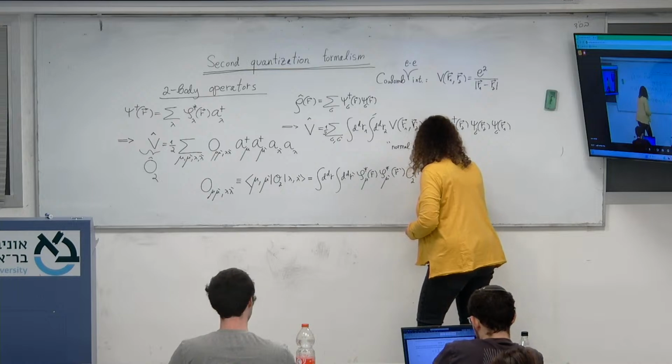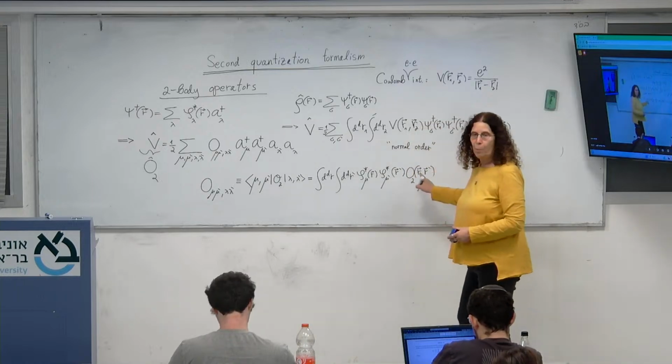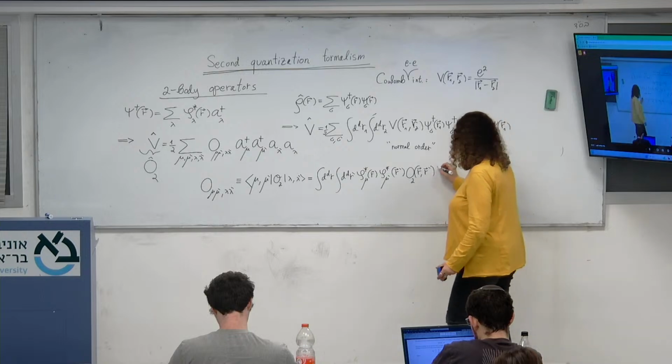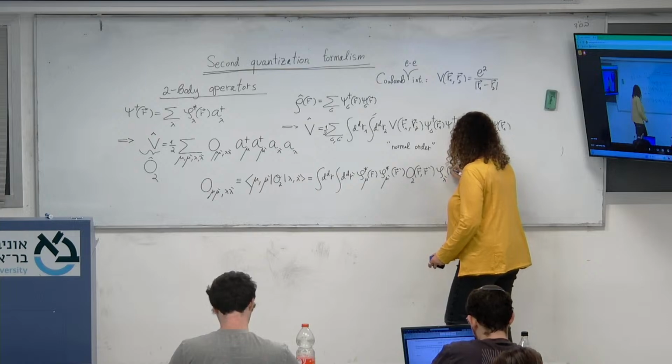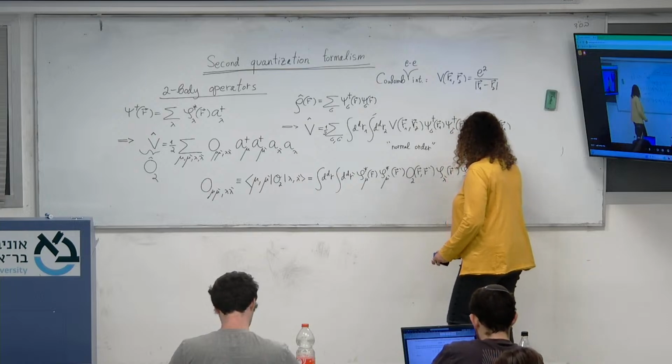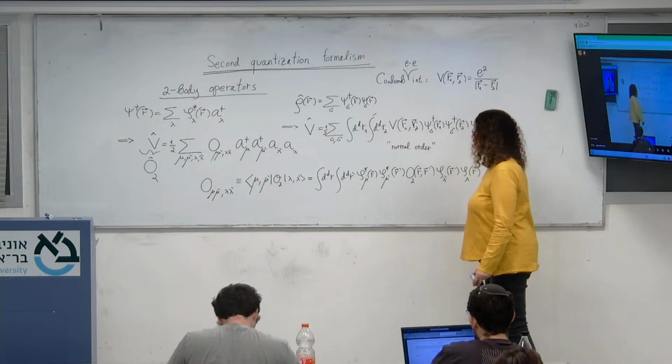But this is nothing but a potential that depends on the 2 coordinates. And then I have phi lambda prime r prime, phi lambda of r. Okay?